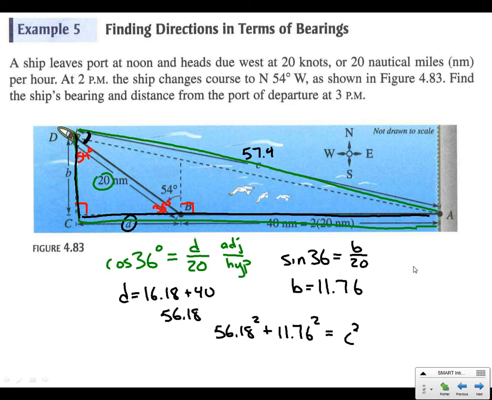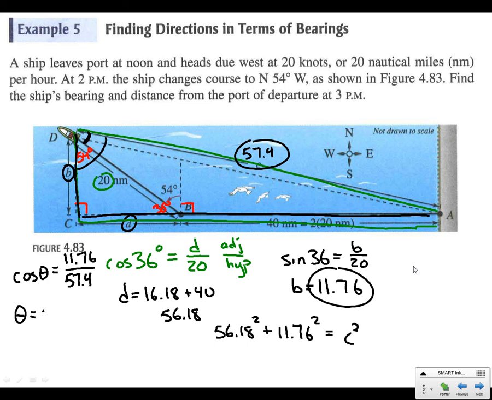What we could do is figure out the big angle, and then we would just subtract the 54. From that angle, let's use B and the 57. B is adjacent, 57 is the hypotenuse. So that's cosine. The cosine of theta is B, which we already know, 11.76, over the hypotenuse, 57.4. How do I get theta by itself?